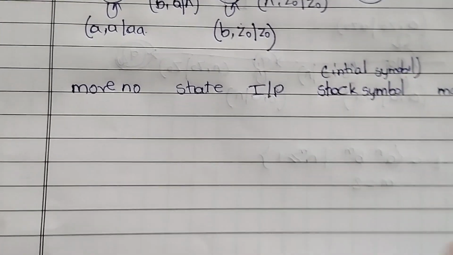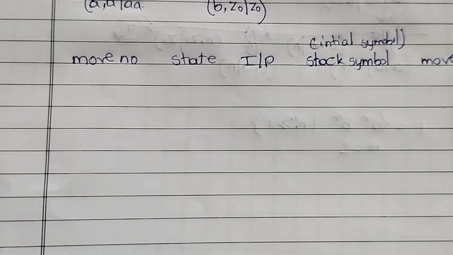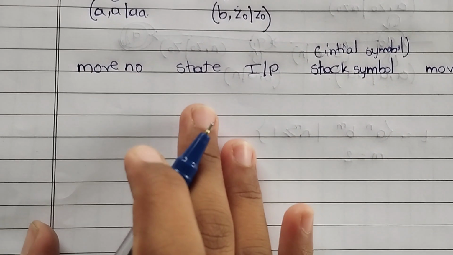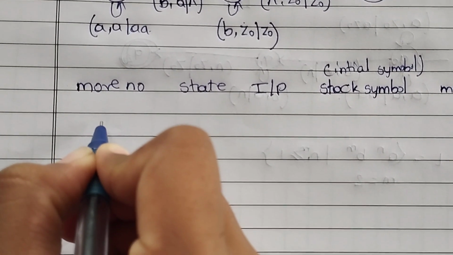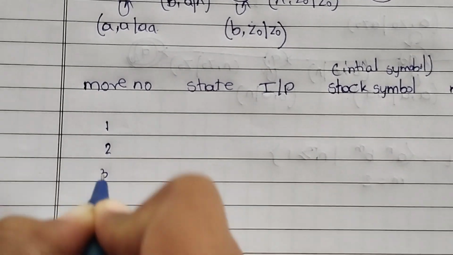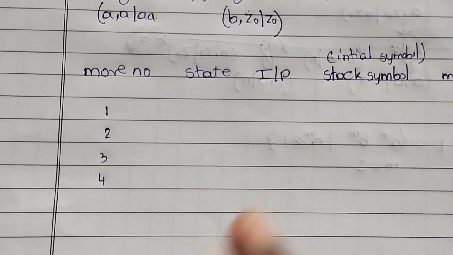So these are the columns for the table, and here I show you a simple way to write this. So here we write the serial number, so write 1, 2, 3 and 4, then continue with the remaining.